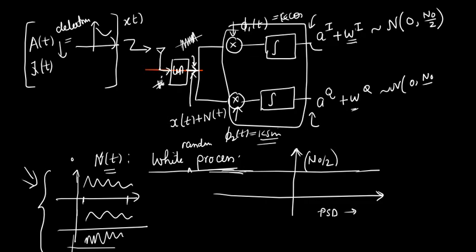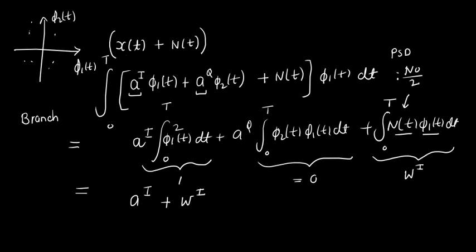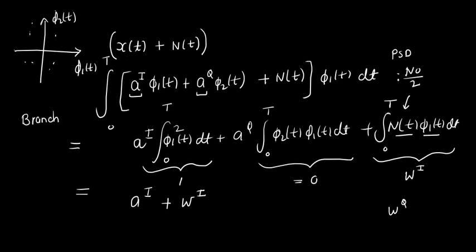Okay? Where w_i is this, and w_q is the noise which goes to the lower branch of the receiver, right?